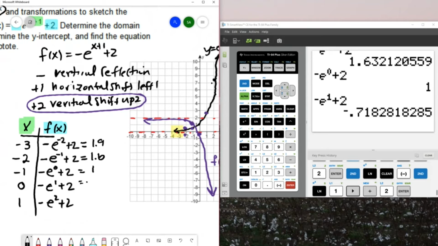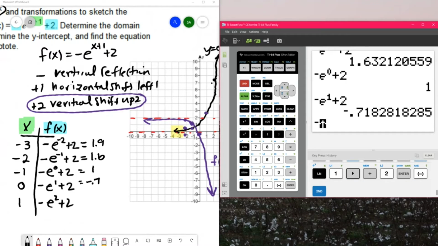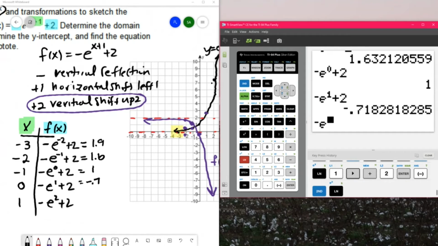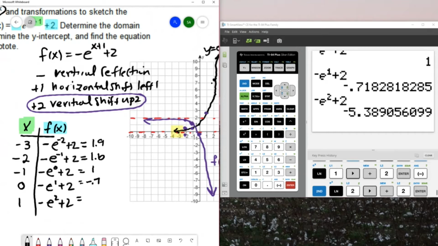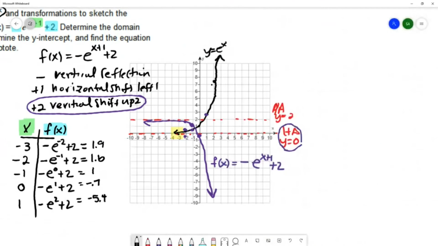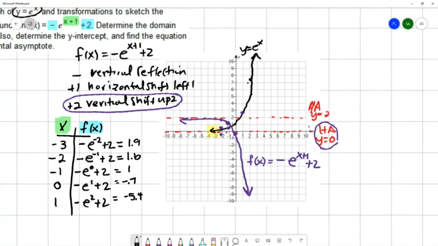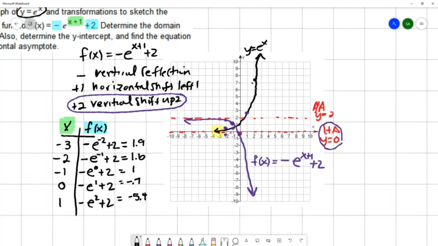And that is negative 0.7. Negative e squared plus 2 is negative 5.4. So those should match up with how we shifted the points, or transformed the points, using the graph.